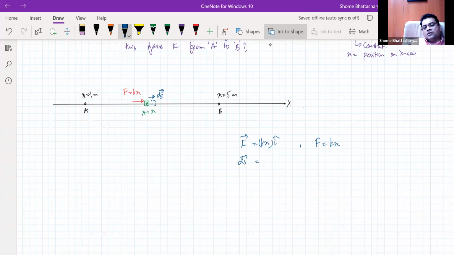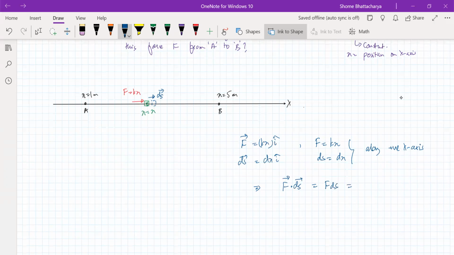Displacement in vector form can be written like this. So both of these are along the positive x-axis. Therefore, the quantity f dot ds is just becoming kx into dx.